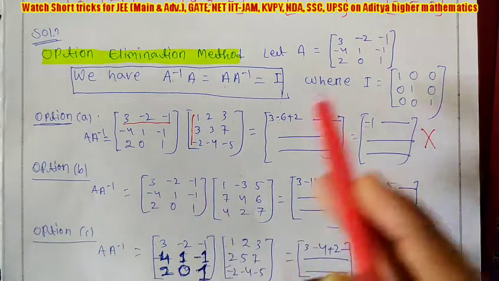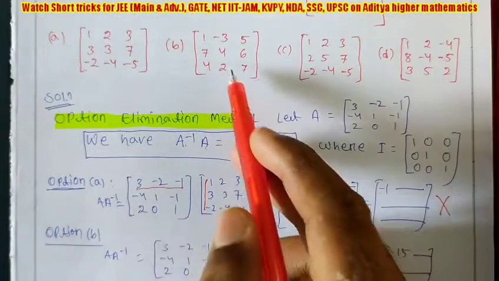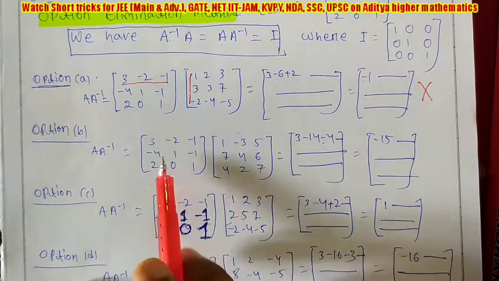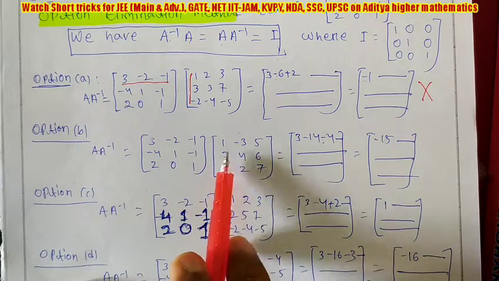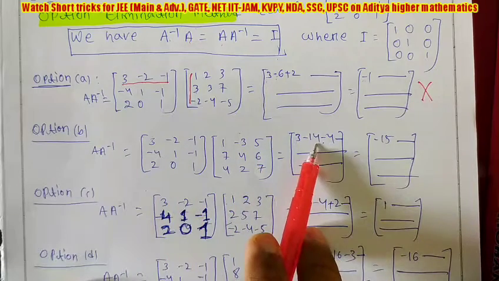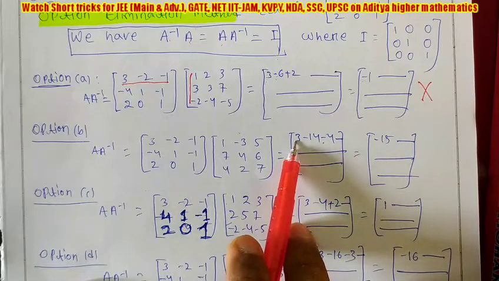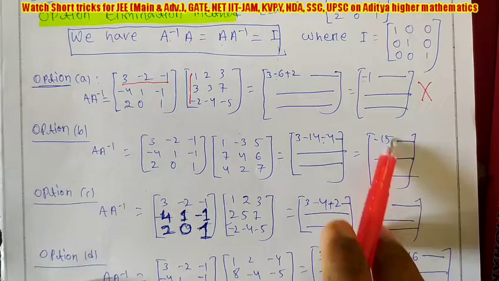A matrix is given, that is what I am writing, but in option B I am using the matrix given as the option. Now multiply both. 3 multiply 1 is 3, minus 2 times 7 is minus 14, and minus 1 times 4 is minus 4. You see 3 minus 14 is minus 11, minus 11 minus 4 is minus 15.